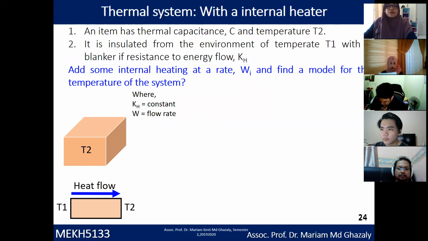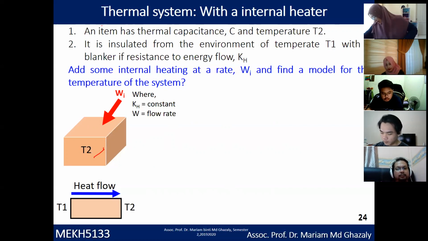We are going to go to the next example, a thermal system with an external heater. Let's say you have a thermal system medium T2 with temperature C, insulated from an environment of temperature T1 with a blanket, with resistance to energy flow KH.